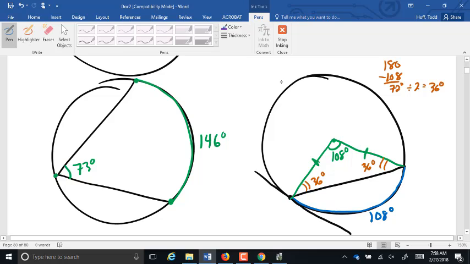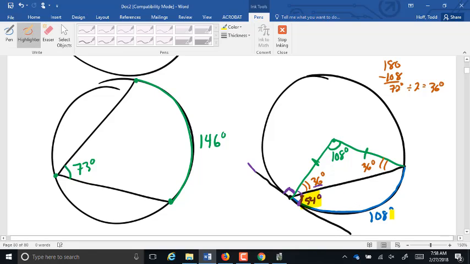Well, what else do I know on this picture? If this is a tangent, what's this angle? That's 90. That has to be a right angle. Has to make a right angle with my radius. So this is also a right angle. So if that's 36, this is 54 degrees.